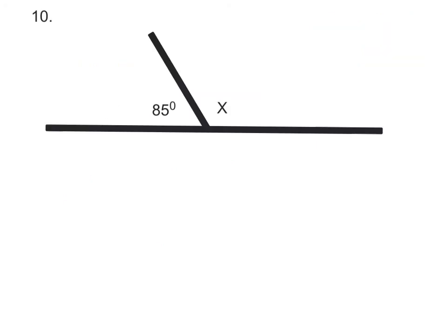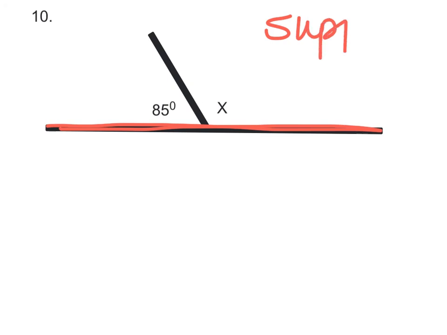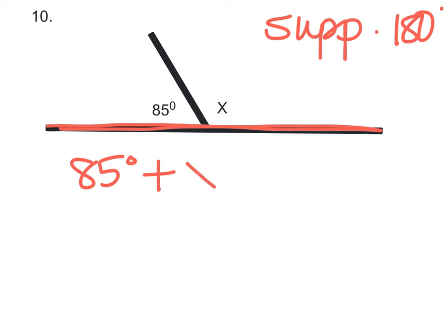Alright, looking at this picture, this looks very similar to the last picture. Okay, these two angles make this line here, so this means that these are supplementary. Supplementary again add up to equal 180 degrees. So if you take 85, the angle that you know, plus the angle that you don't know, that should add up to equal 180 degrees.